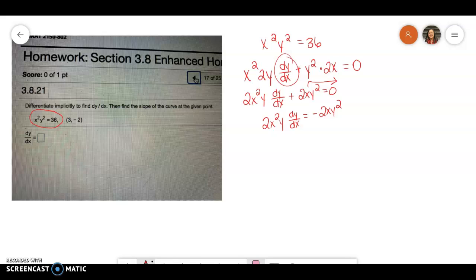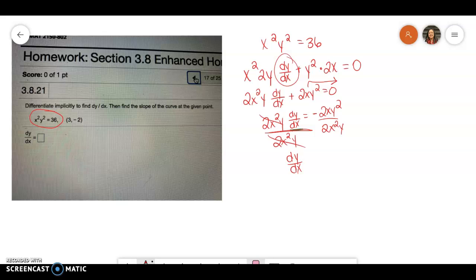And like I said before, the whole point here is to isolate the dy over dx. So what we're going to do is divide the left-hand side of that equation by 2x squared y and the right-hand side by 2x squared y. Reduce the fraction on the left-hand side, and that leaves you with dy over dx, which is the derivative of y with respect to x, so that's your derivative.